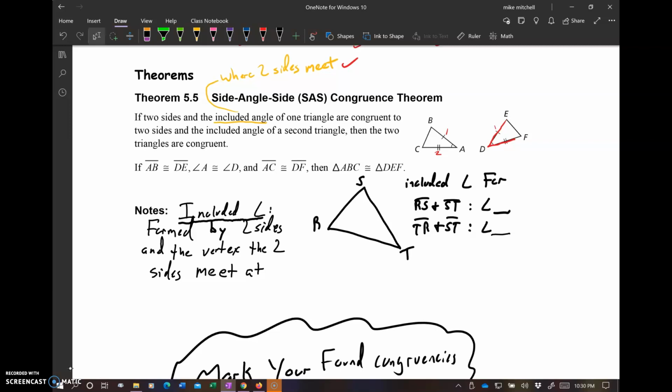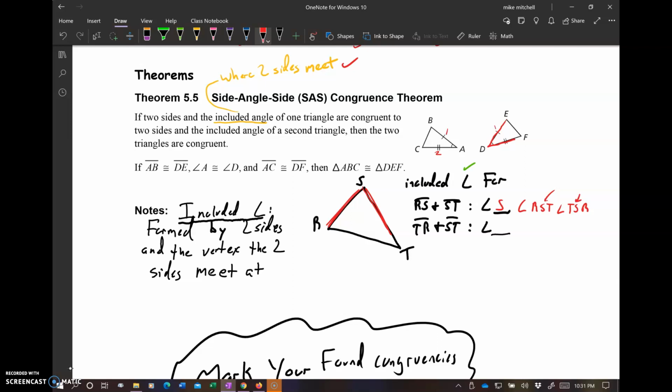Included, formed by the two sides. So I want to get the included angle here for RS and ST. Here's RS, here's ST. That's going to be angle S, or you could say angle RST, or angle TSR. But notice S is still your vertex in those.